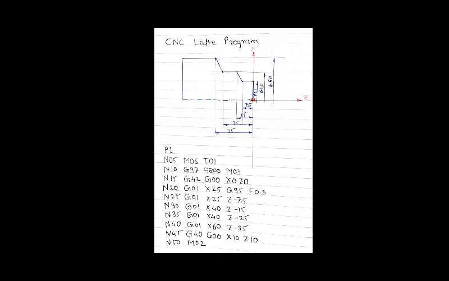Again, here you can see we have written G01 at every place. So continuous linear movement is there, as we are removing the material continuously. At the end, we are moving the tool rapidly to a safe position.